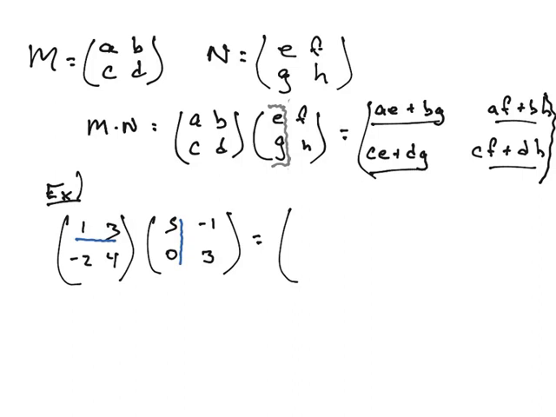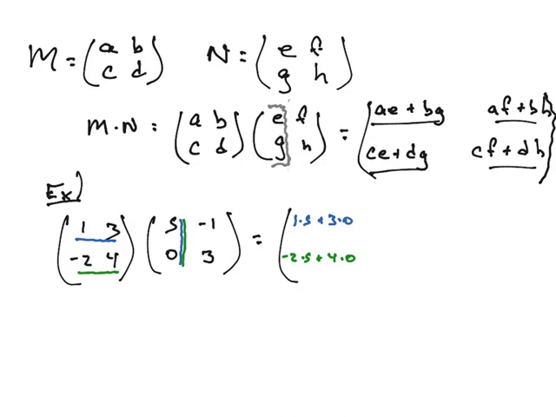And we're going to get 1 times 5 plus 3 times 0. And then to get the element below it, we now go to, let's do this in green, the bottom row with the left column. So negative 2 times 5 plus 4 times 0.